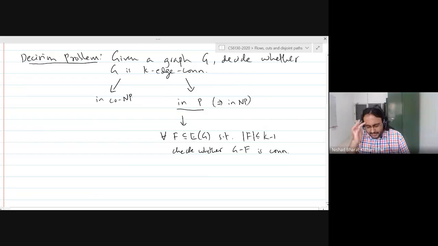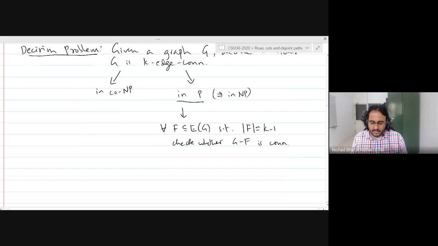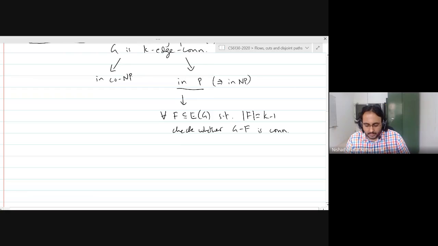If the graph has very few edges, fewer than k minus 1, then it's clear. So you can assume that the graph has at least k edges, and then you don't need to check all subsets. You just check subsets of size k minus 1. So you can always remove a subset of size k minus 1 and check whether the graph is connected or not after deleting these edges.